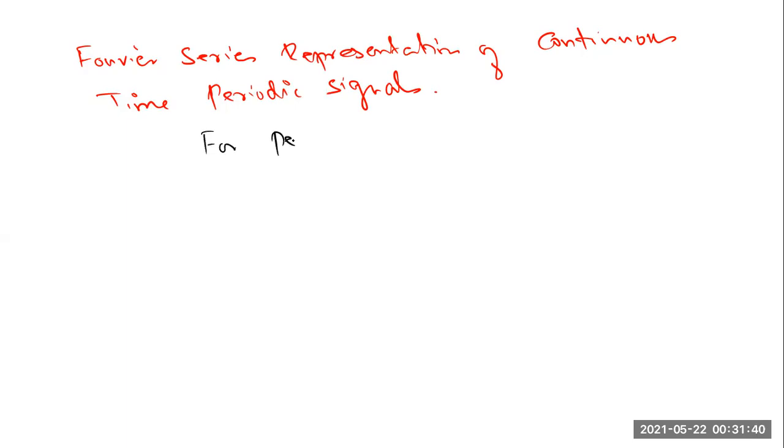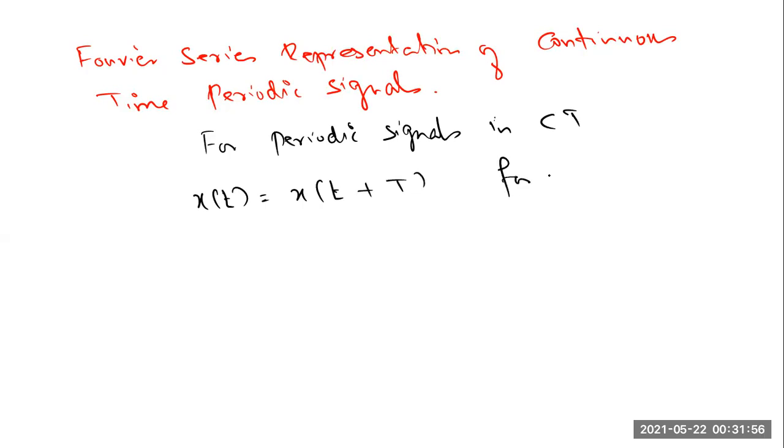For periodic signals in continuous time, x of t must be equal to x of small t plus capital T for all time, where, when we say a signal is periodic, we usually talk about the fundamental period of the signal, which is the smallest value of this.